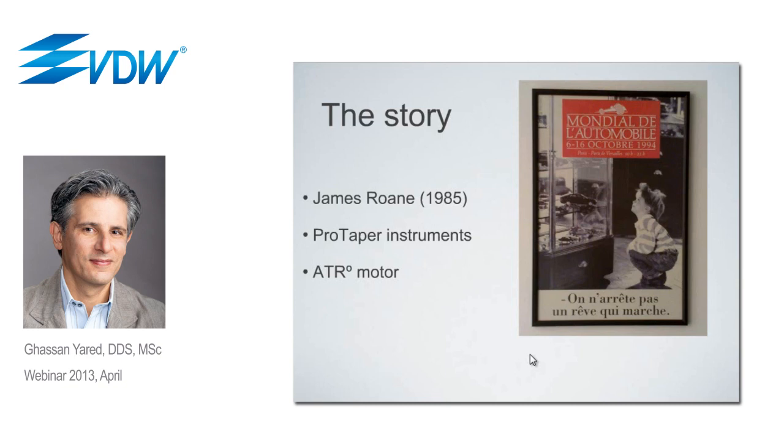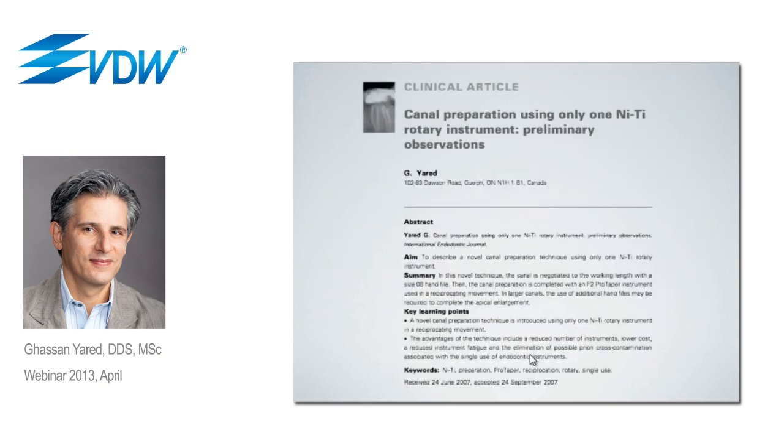And then I discovered, just from trial and error, that I was able to prepare that canal in a resin block with only one F2 ProTaper instrument. So this is how the idea came to my mind. And that was the first paper that I published on the use of the F2 ProTaper in reciprocation. That was published in 2008.